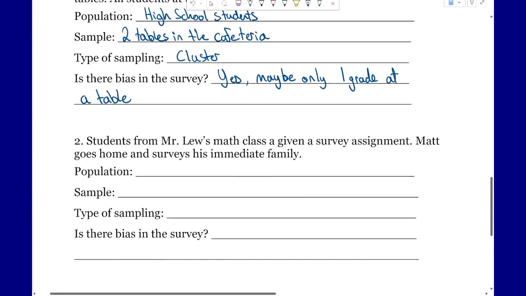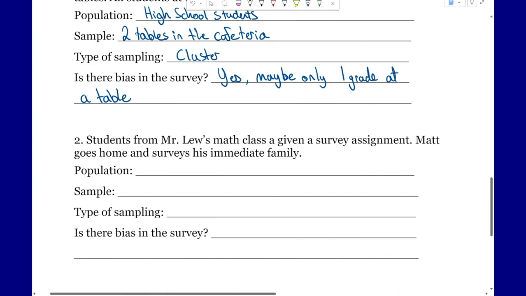Students from my math class are given a survey assignment. Matt goes home and surveys his immediate family. So what is the population? Well, if we're working on a survey assignment, it could be high school students or it could be families.